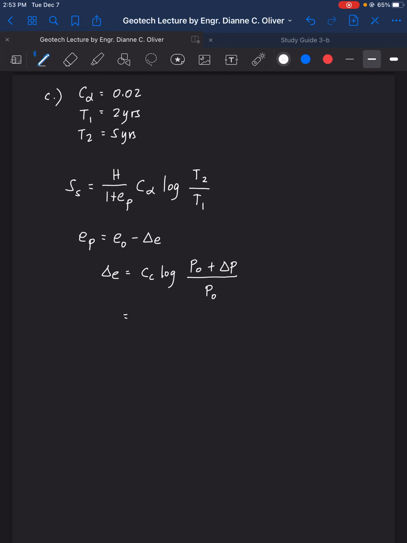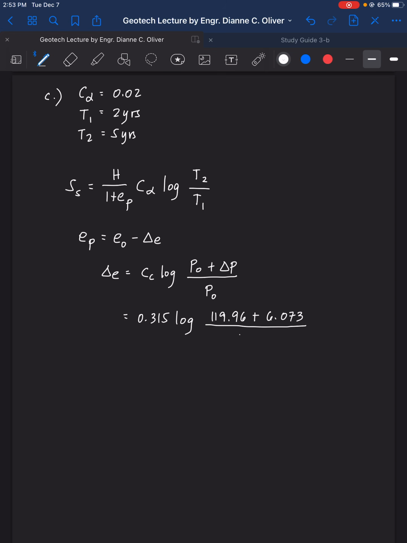So C c, given our C c a while ago, it's 0.315. We were able to compute that. That's the C c of the clay layer. So log of p sub o, 119.96 plus 6.073. So that's what we computed also a while ago.